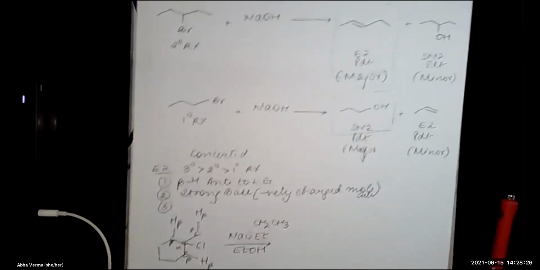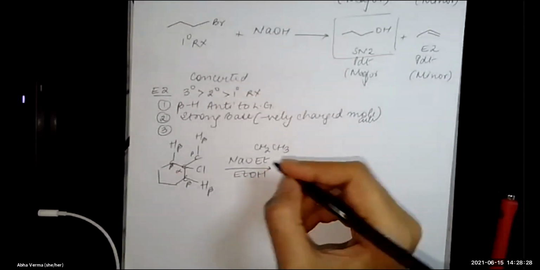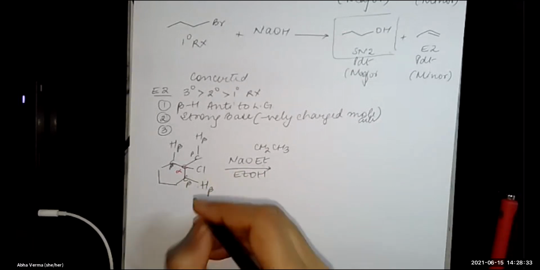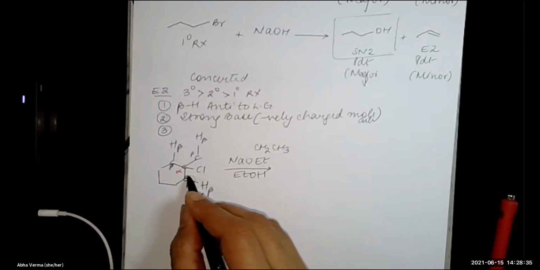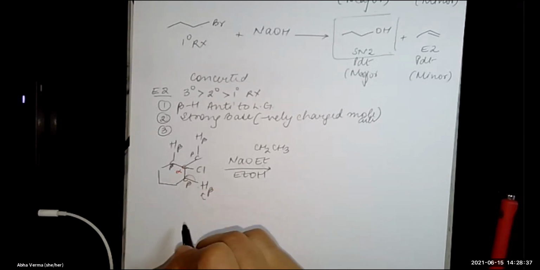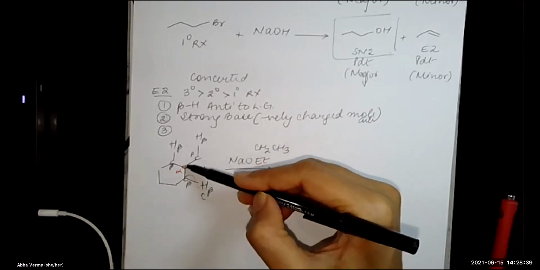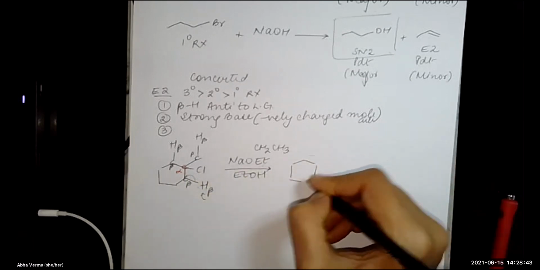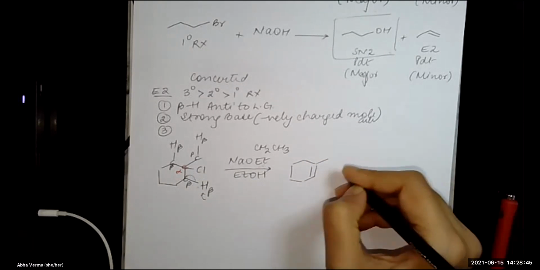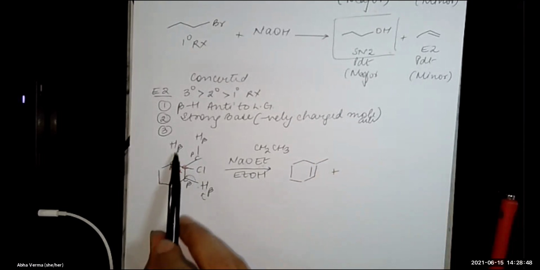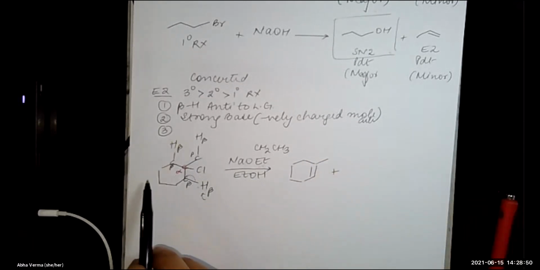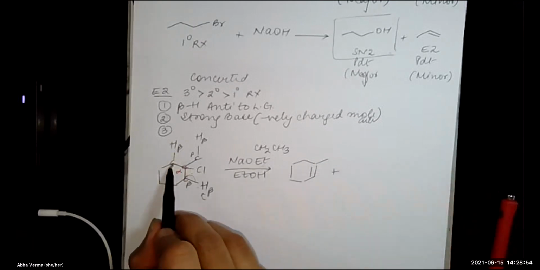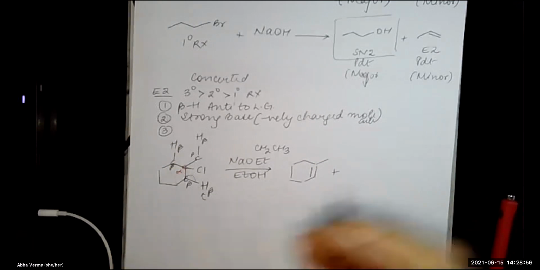So I can get several products from this. I can abstract out this hydrogen, break this bond, kick out this chlorine, make a double bond right here. Or I can abstract out this hydrogen, break this bond, kick out this chlorine, make a double bond right here.